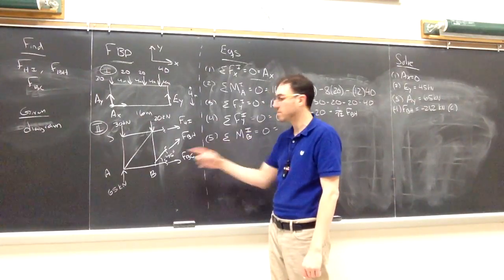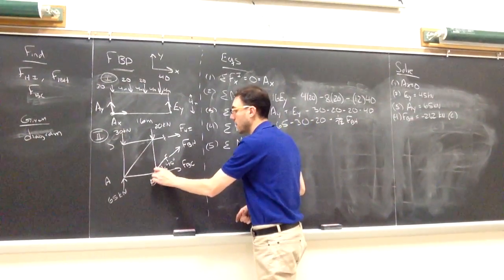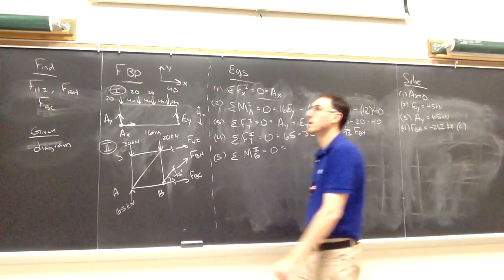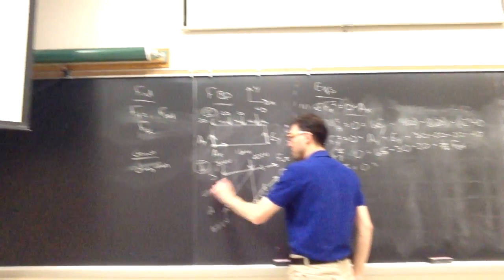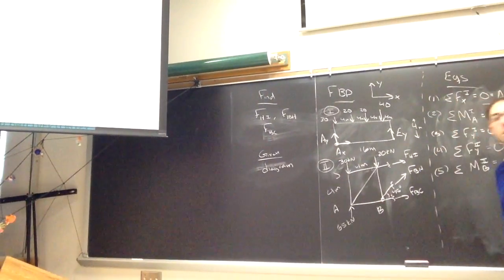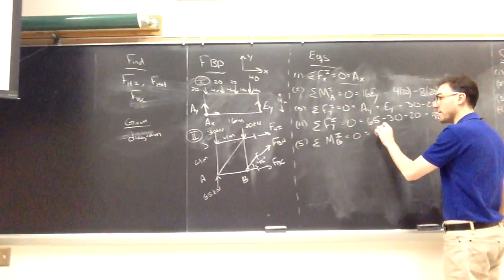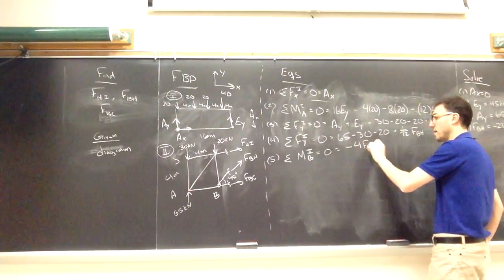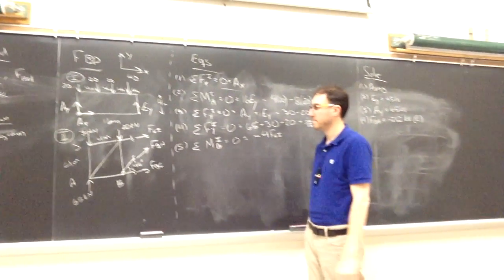So the only things in this moment equation around B, I'll have FHI, which according to my picture, since this is 4 meters, and this is 4 meters, right, it'll be minus 4 FHI.